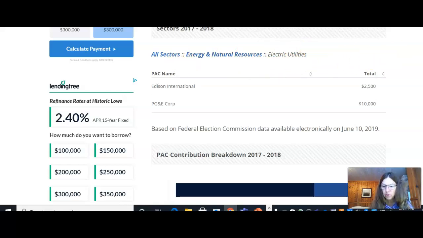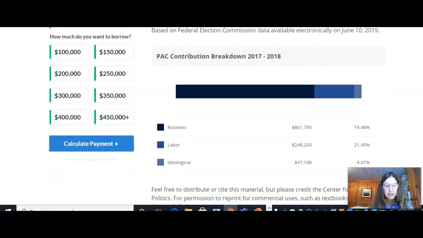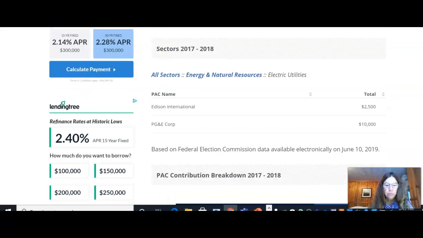So you want to work through Open Secrets for the member that you're role-playing and get to the actual pages that list the actual amounts. And I can see that PG&E Corporation donated $10,000 to her in 2018. And so I've chosen that as the group that I'm going to look at for this assignment.